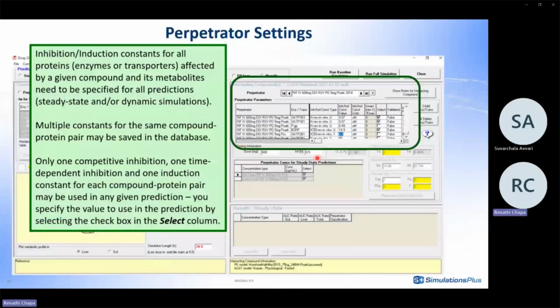Okay, so coming to the perpetrator settings, for example, rifampicin is a pan inhibitor of enzymes and transporters. So it has different inhibitory potentials for different enzymes and transporters. For example, the Ki that we optimized for OATP1B1 and 1B3 is around 0.07 micromolar, whereas for BCRP it is around 14.9 micromolar.